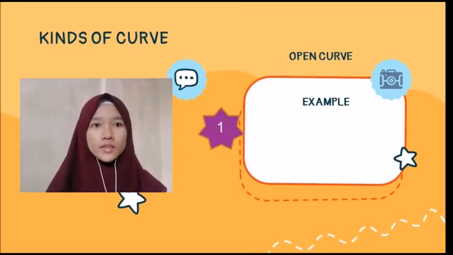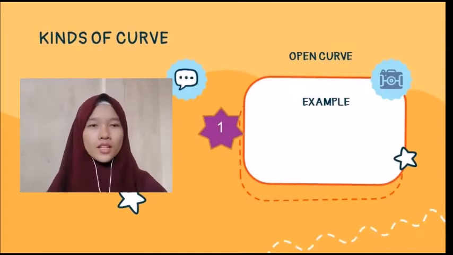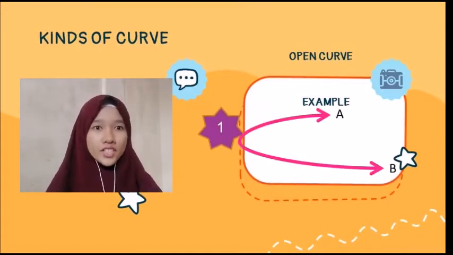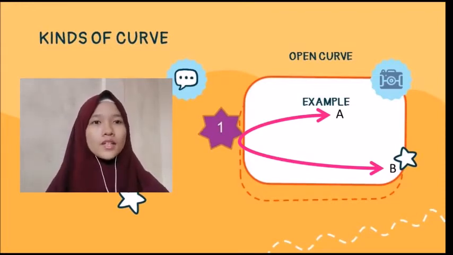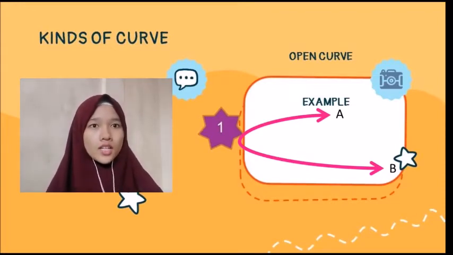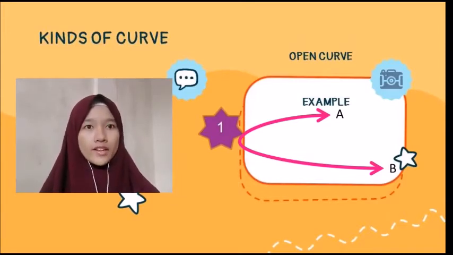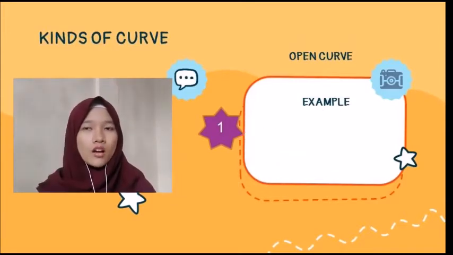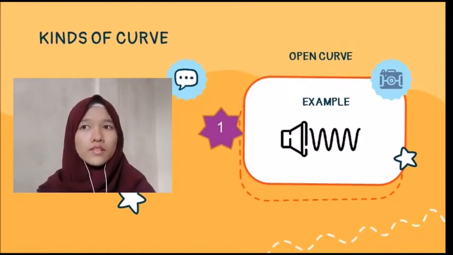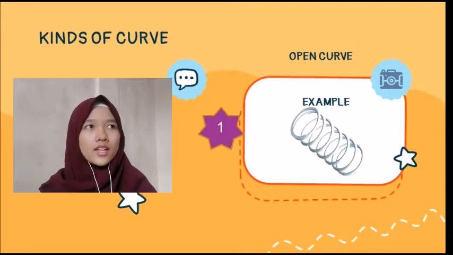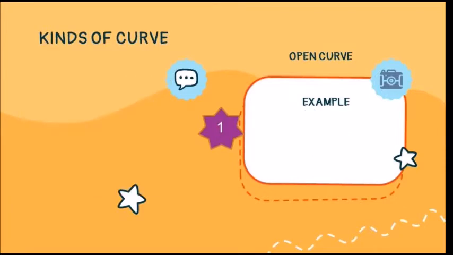We call a shape an open curve if the first point doesn't meet the last point. In the picture, you can see that point A as the first point doesn't meet point B as the last point. So point A until point B doesn't create an area. Examples of open curves are spirals, webs, and many others.